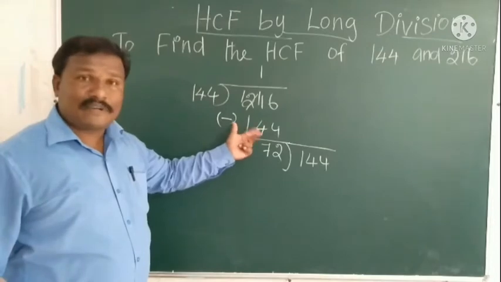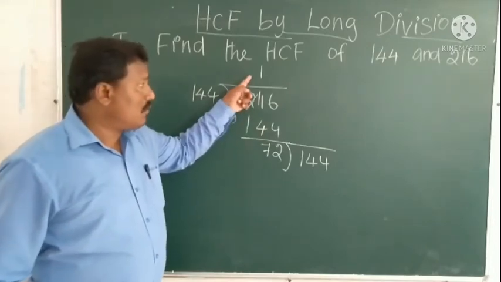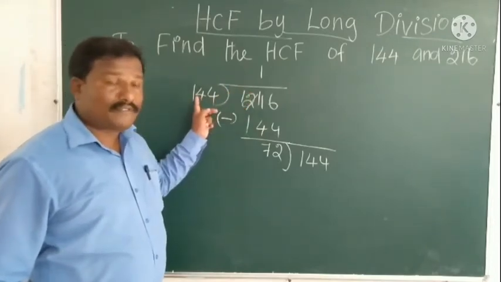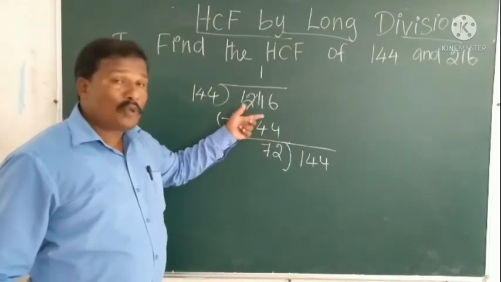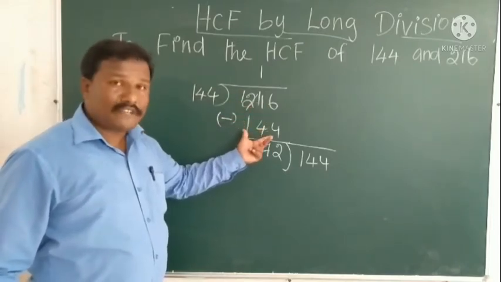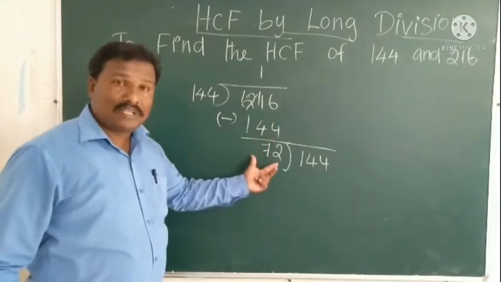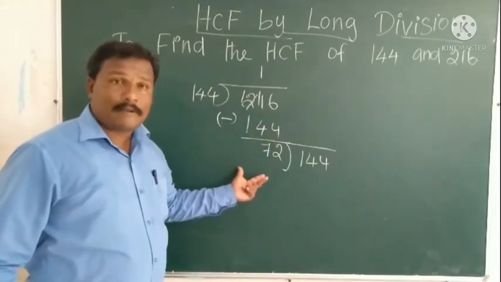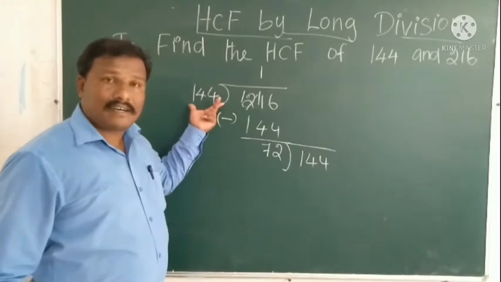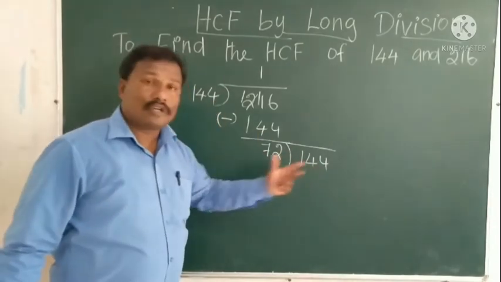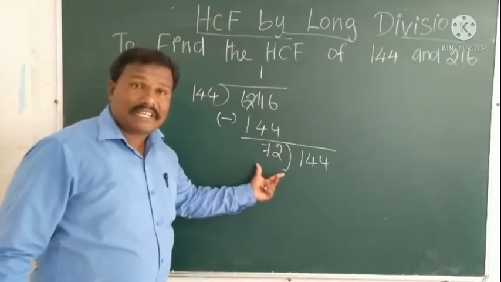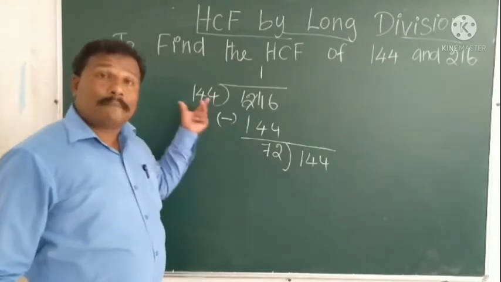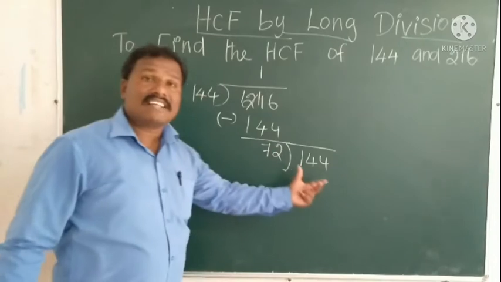I can only divide one time. 144 times 1 is 144. I subtract it from 216 and I get remainder 72. The remainder becomes the divisor, and the previous divisor becomes the dividend.